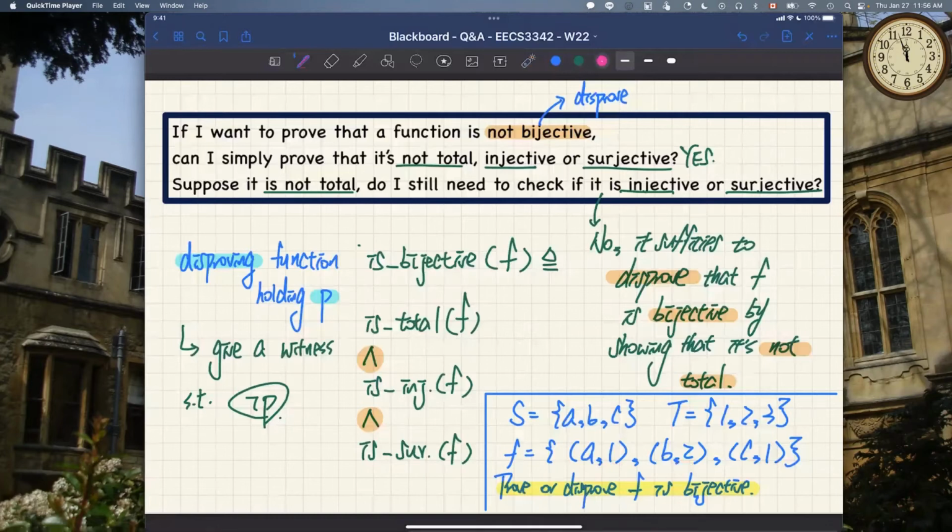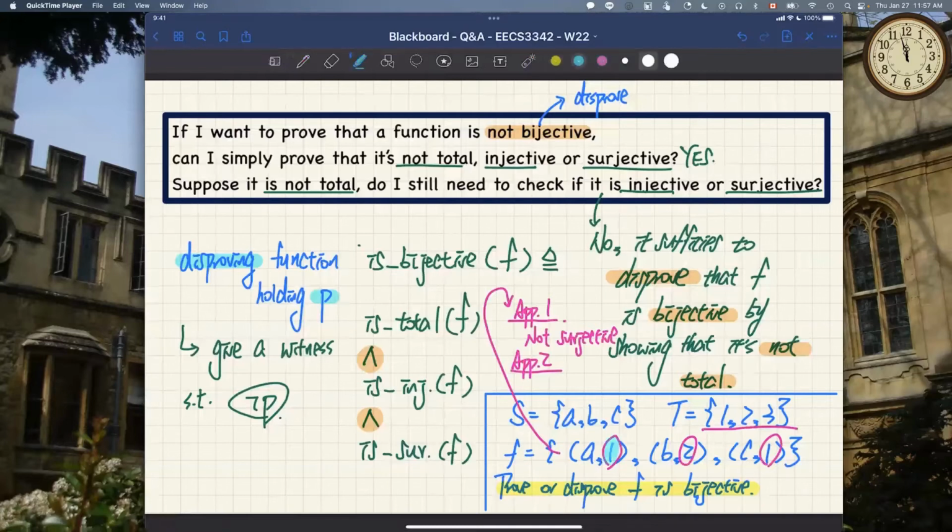That's good. So there are two possible ways you can show that. Approach number one: you can say it is not surjective, as you said, because if you look at the range over here, it's going to be 1 and 2, which is not exactly equal to the T. Or approach number two: you can say that it's not injective, because you can see here we got 1 and also 1.